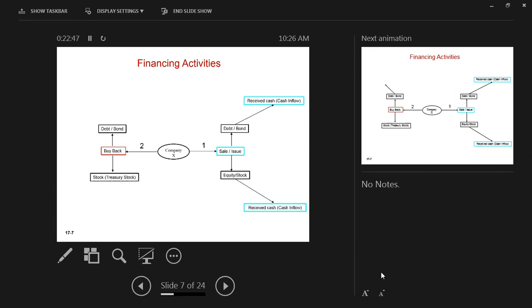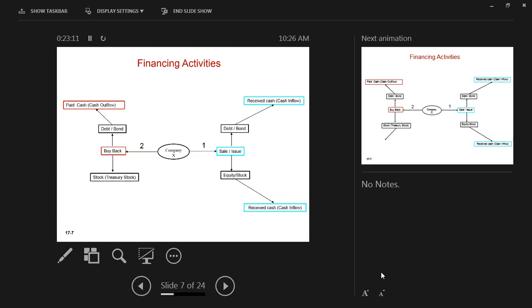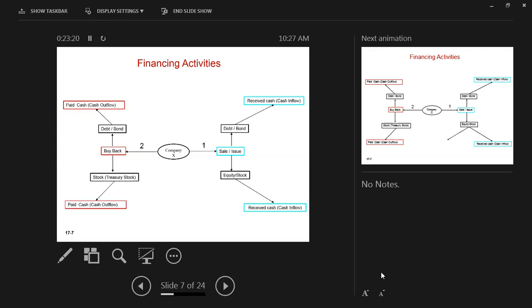Can you remember? So bond is related with long-term liability chapter, and treasury stock is related with accounting for corporation chapter. We learned this concept already, right? So when we buy back treasury stock, we have to pay them money back, right? So when we buy back the bond, we have to pay back the money, right? So buy back the bond, pay cash outflow, then buy back the treasury stock, pay cash outflow. Do you understand?